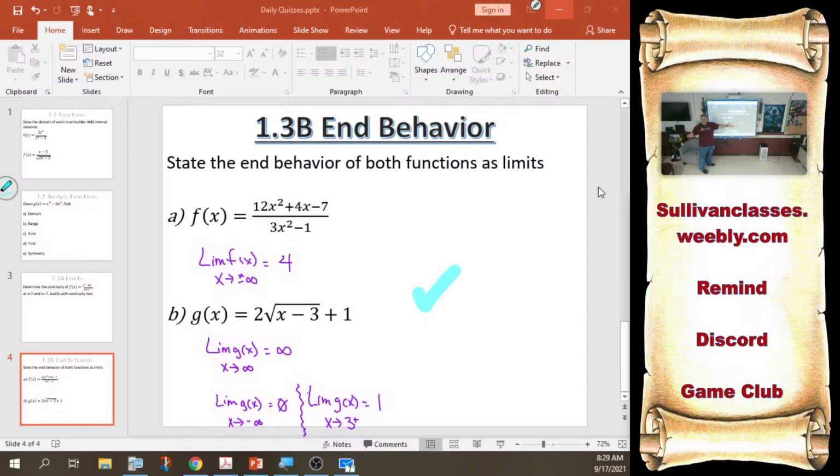Did you go to the correct plus or minus infinity and 4? So did you have those two things correct? Correct notation, correct values. If you had them separate, also cool. If you had them combined like this with plus or minus infinity, also cool. And then what was the other one?